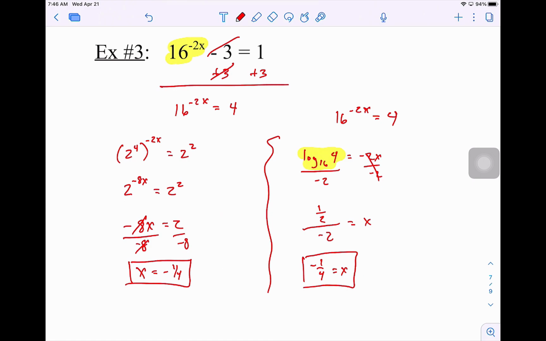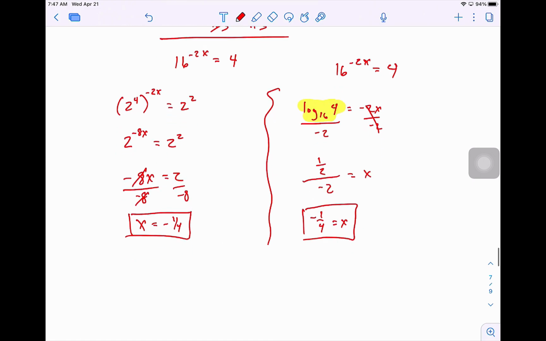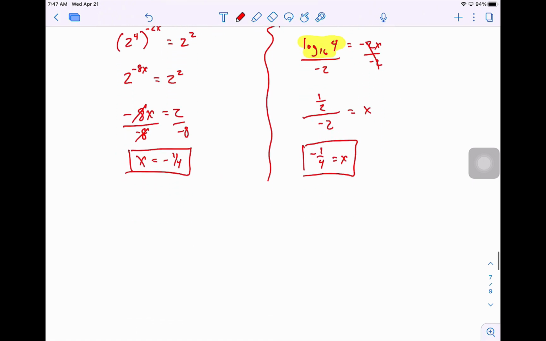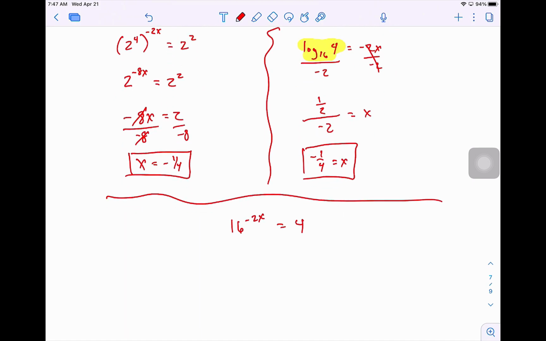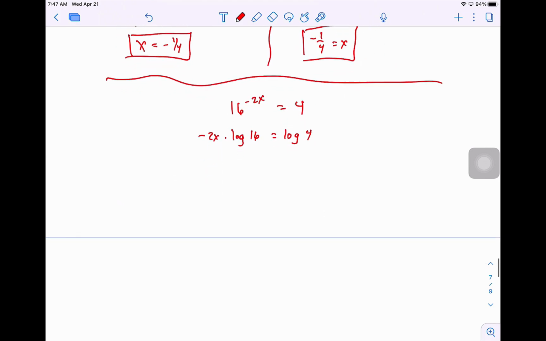If you like that last method, or you like the idea of bringing the exponent out front, let me show one last quick method. 16 to the negative 2x equal to 4. If you like the idea of taking the log of both sides, we can take the log and bring the exponent out front, meaning I would have negative 2x times the log of 16 equal to the log of 4. Now we solve for x.